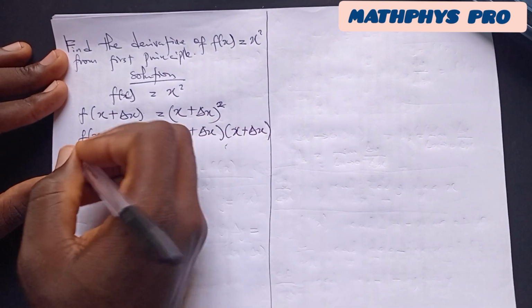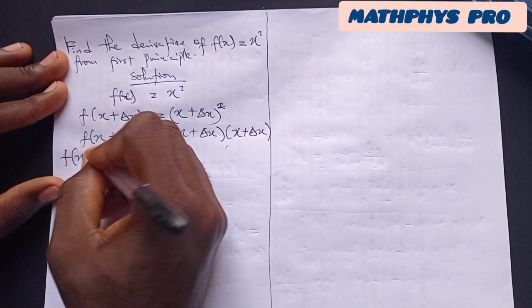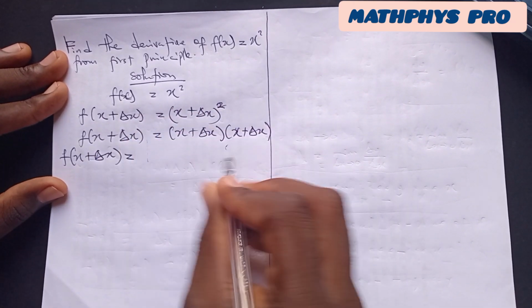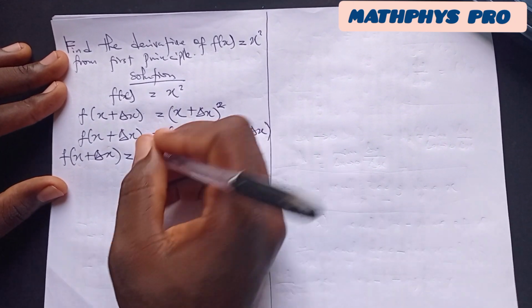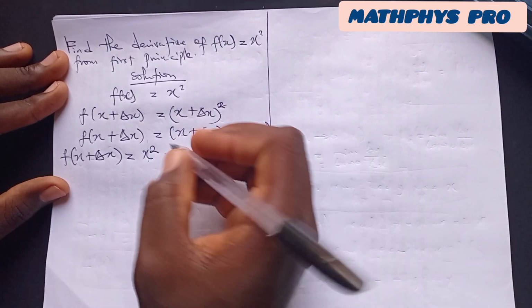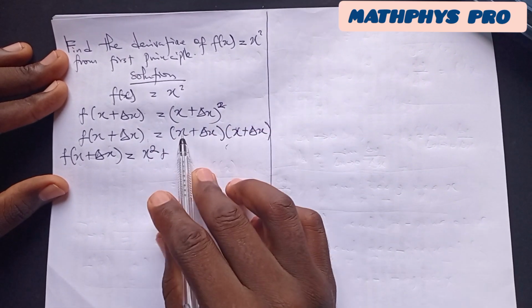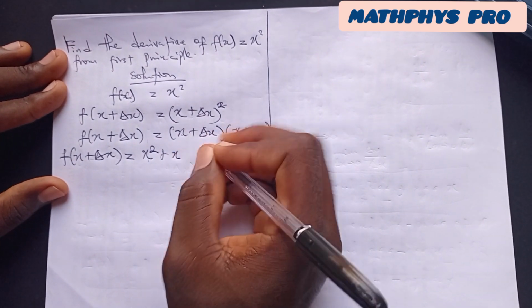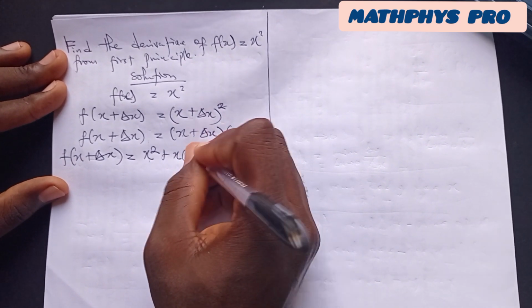Here we have f of x plus change in x equals x times x gives you x squared, plus x times change in x gives you x change in x.